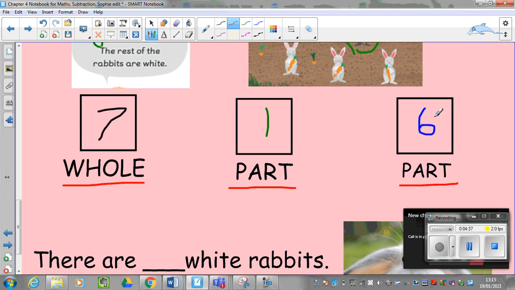Now I can put this into a number sentence, and it's going to be a subtraction number sentence. So my whole number, the biggest number, always goes at the start of my number sentence. So I'm going to do 7 take away 1 equals 6, because there are 6 white rabbits.